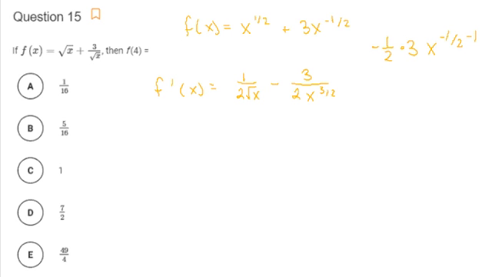Now we can substitute 4. Oh, this was a no calculator question.